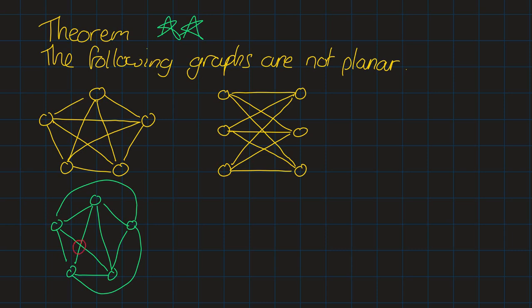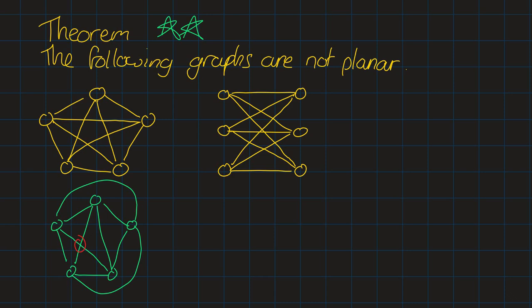So it still has one edge crossing. You can try any arrangement you want, and you'll never be able to do it without at least one edge crossing. Same with the graph on the right. You can try and redraw this without edge crossings, but it's just impossible.